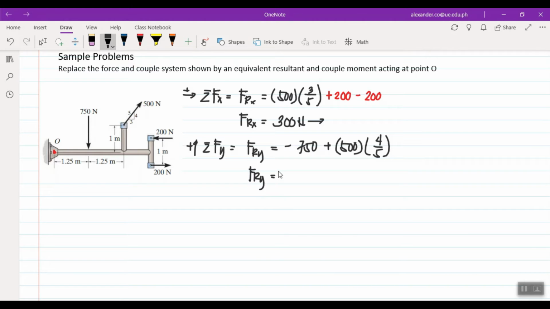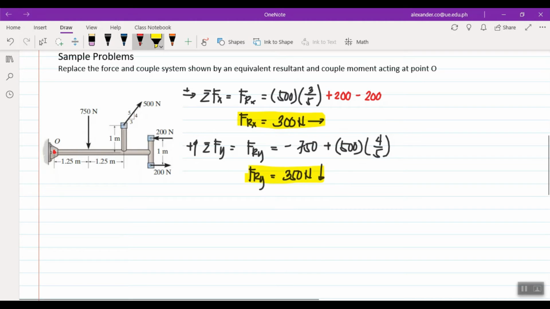Hilig ba ako magsabi ng obviously? Hindi ko alam. Bilangin nyo na lang. So, the answer is negative 350 or, lagay ko na dito, diretso na natin na. So, 350 Newton, but it's going down. Okay? So, okay, tapos na yung forces X, forces Y.